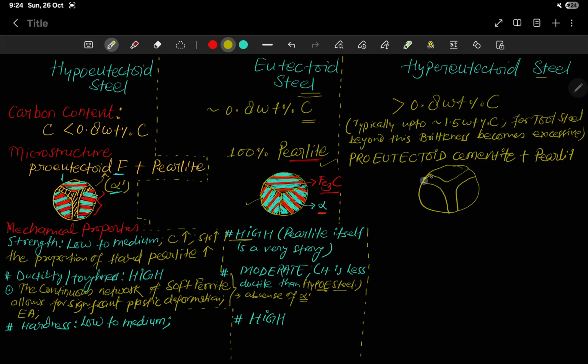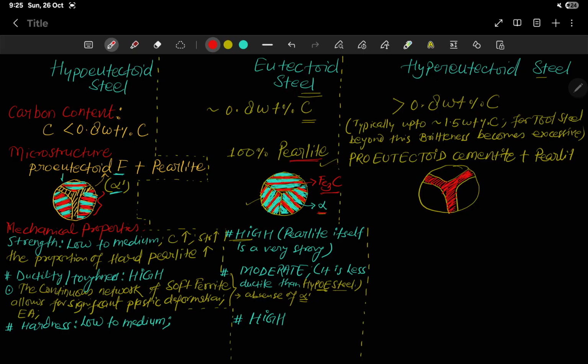Let me write cementite with red color and draw it with different colors. This is proeutectoid cementite. What is the meaning of proeutectoid cementite? This phase has formed just before the eutectoid point.